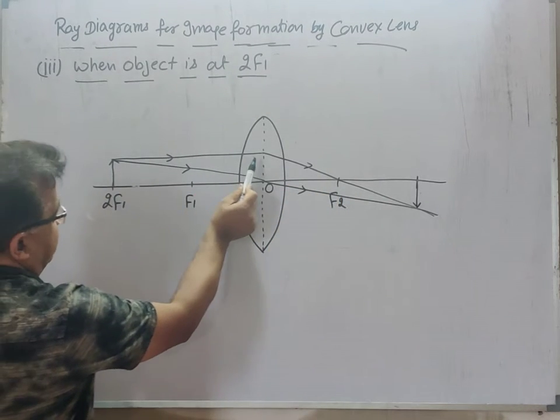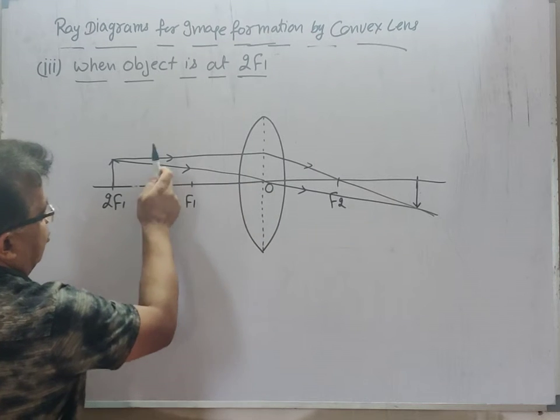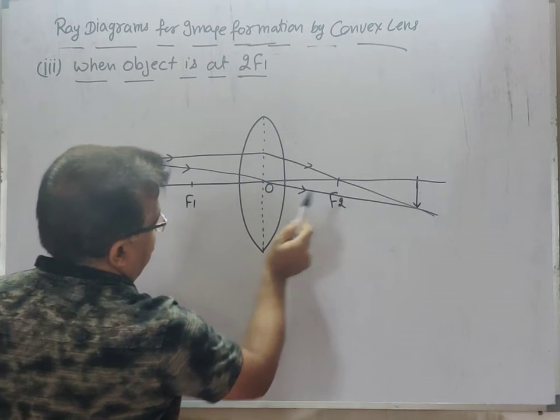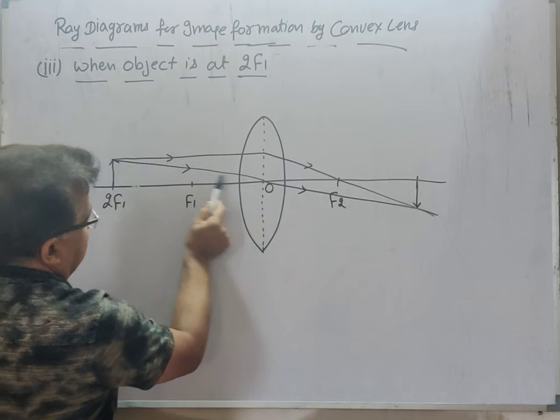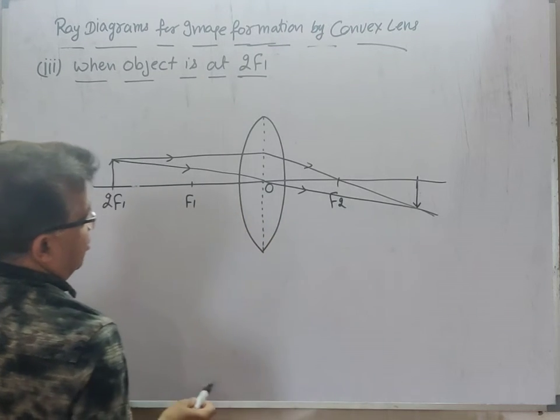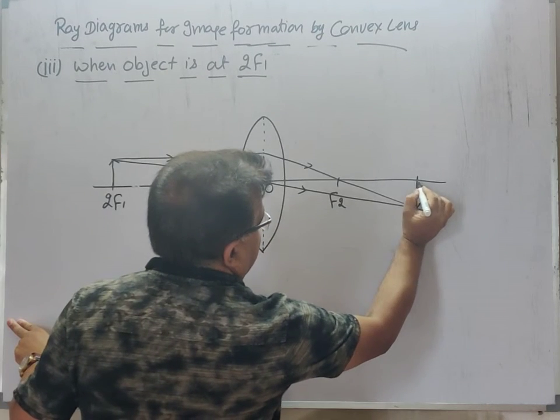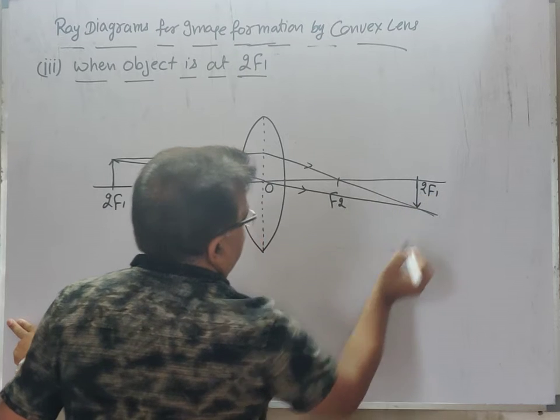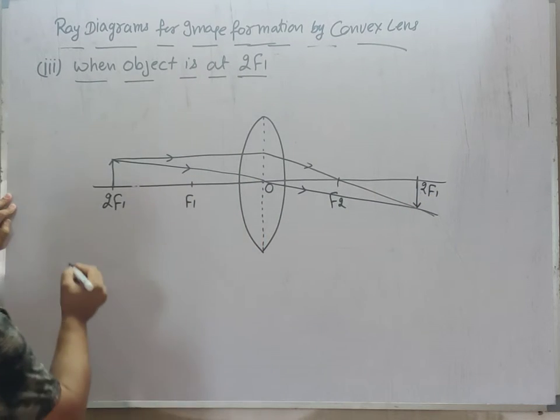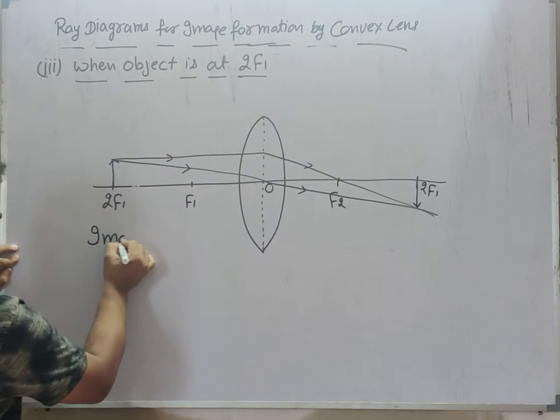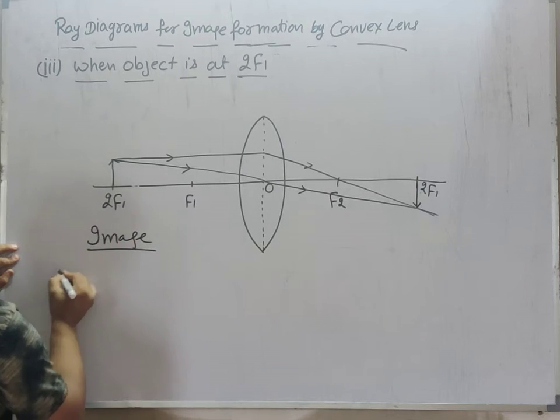The incident ray parallel to the principal axis passes through F2, and the ray passing through the optical center will go straight. The image will be formed at this point, which is 2F2. So here we are observing the image formed.